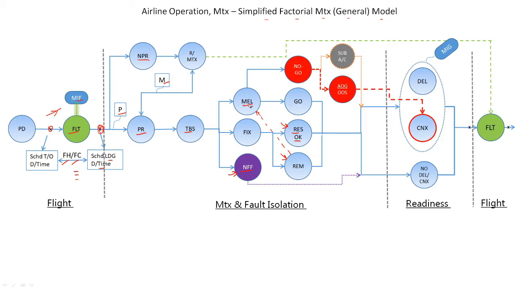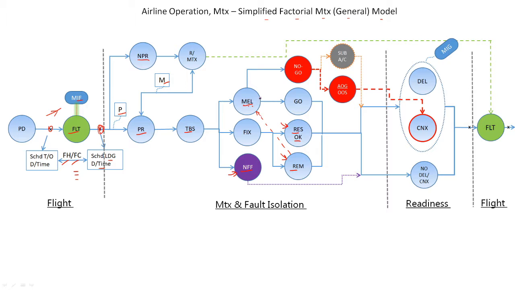And checks the MEL. Depending on the category, it can be 3 days, whatever, 10 days, right? Suppose this sensor is 10 days, so it means that the category has 10 days. It means that we can change this failed sensor, the failed LRU, within 10 days.